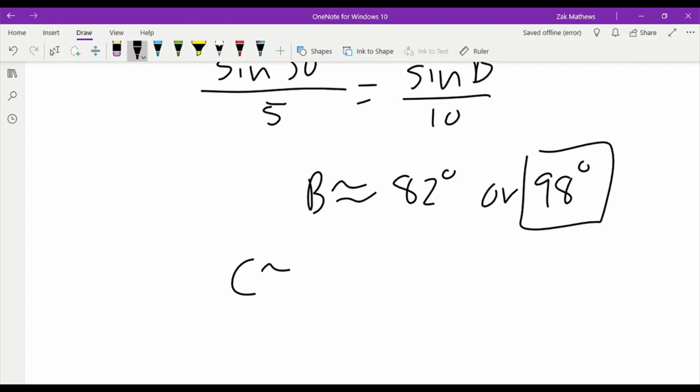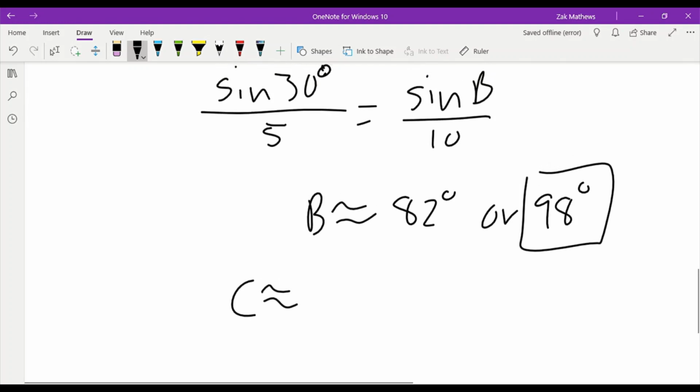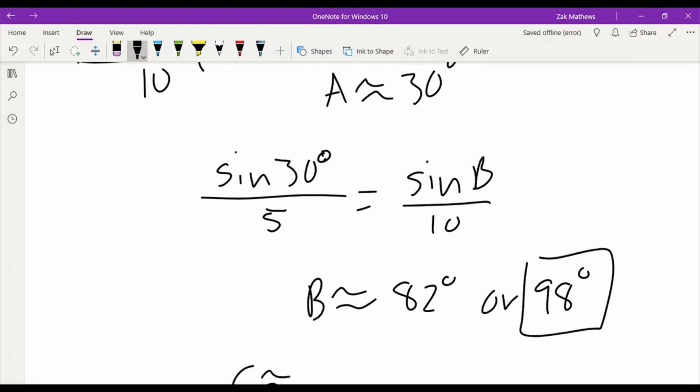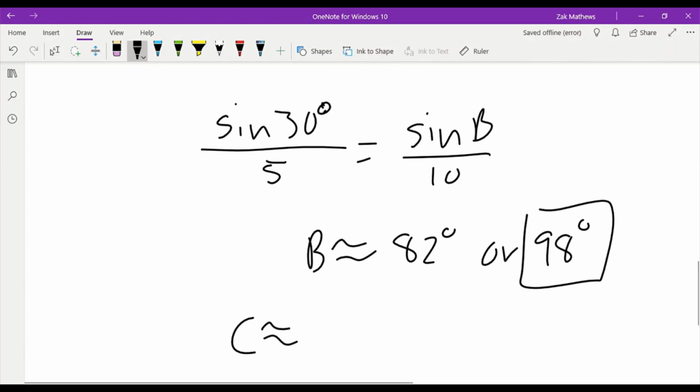I'd go ahead and find C, and I'd take 180 minus the 82 minus the 30. And the third angle would have to be 68.